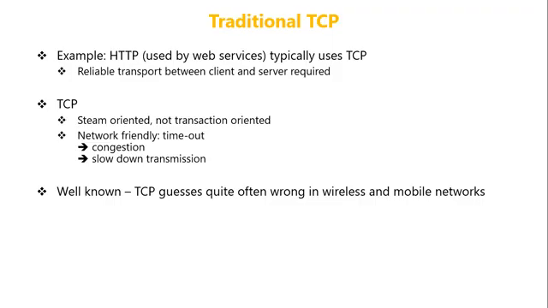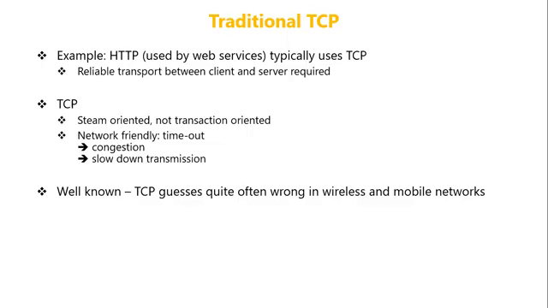So the traditional TCP that is used in the wired network cannot be used in the wireless networks. The main problem with many mechanisms of traditional TCP is that they have been designed for situations that are completely different from those in mobile networks. So based on these problems, if we use the traditional TCP in the mobile network, it will lead to a complete breakdown of TCP traffic.